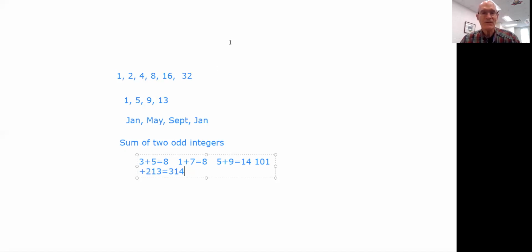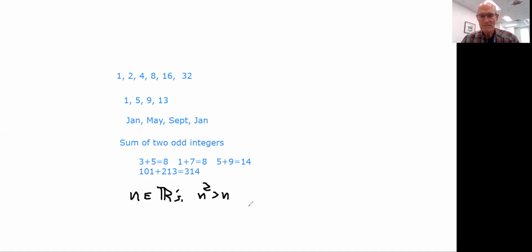So say I have a conjecture that says if n is an element, and that's what this symbol, a sideways e, means, an element of the real numbers, then n squared is greater than n.